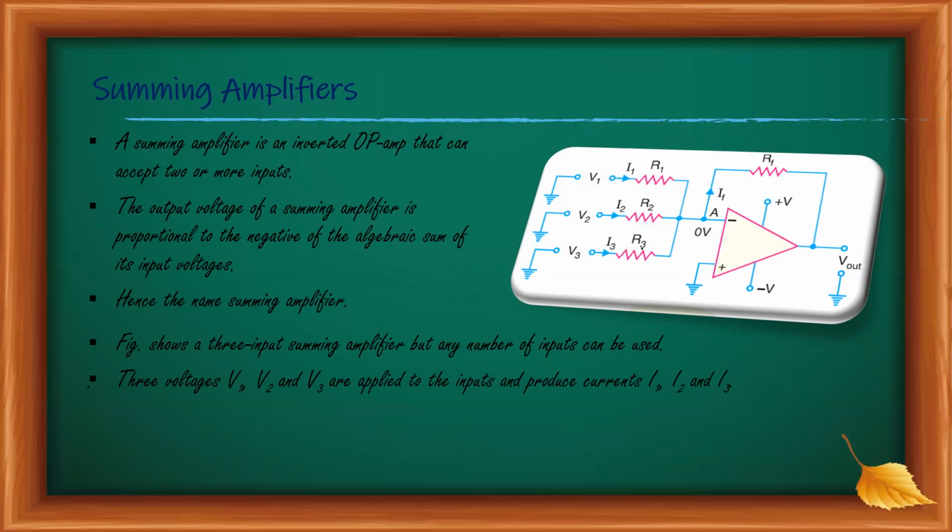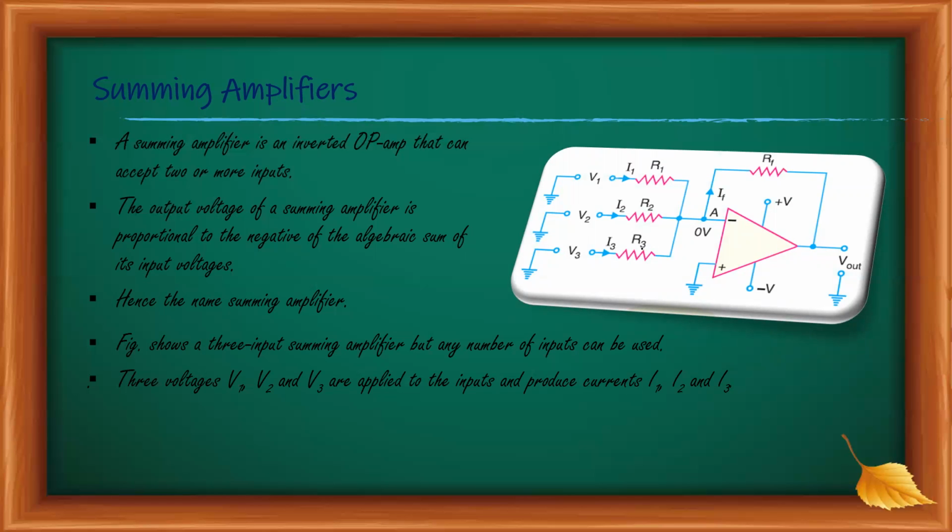Here in this figure, this summing amplifier is used to add 3 inputs. Let the voltages be V1, V2 and V3. These voltages produce currents I1, I2, I3 through the corresponding resistors R1, R2 and R3.